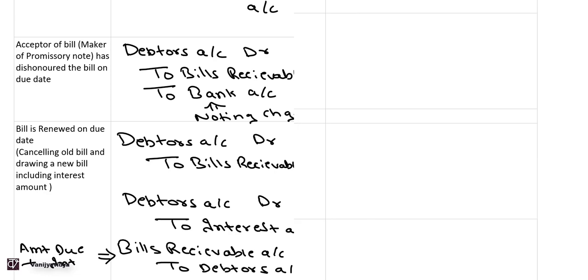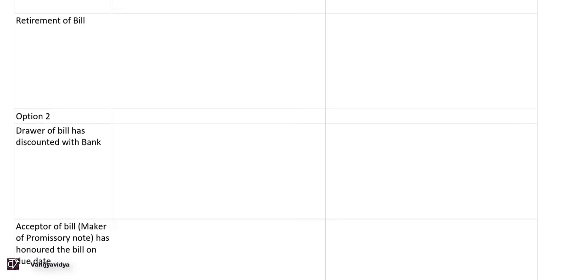Now the next one, retirement of the bill. Retirement of the bill is early payment of the bill. In case of retirement of the bill, the drawee or the acceptor of the bill has excess funds and he wants to pay early.